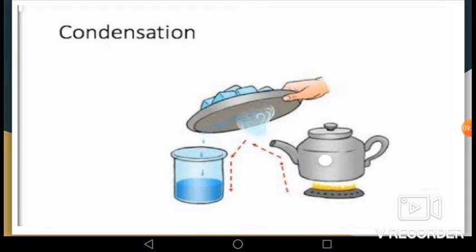Condensation is the process by which water vapor in the air is changed into liquid water. In other words, the water in the air is a gas known as water vapor. You can also think of condensation as the opposite of evaporation, the process of liquid turning into a gas.